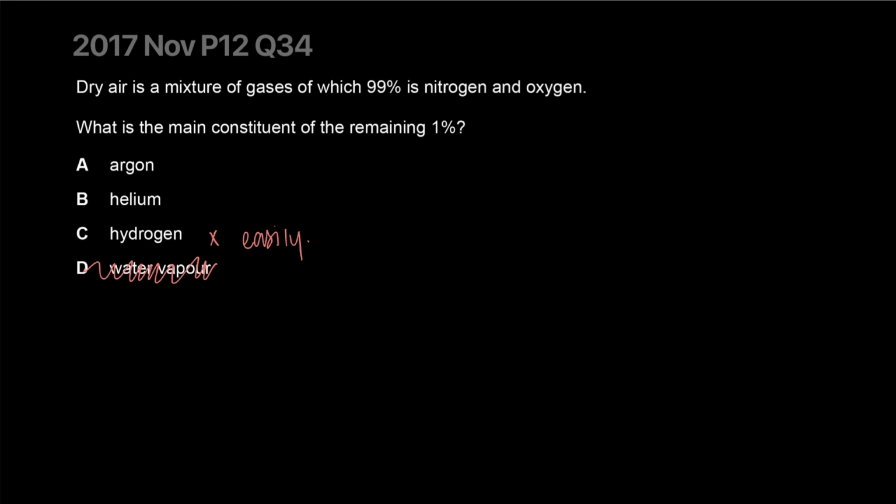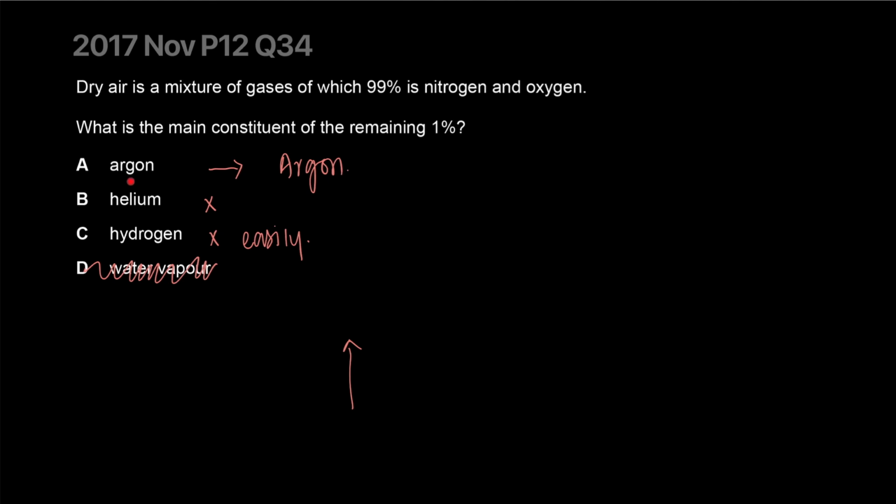Helium is inert, but have you ever heard of helium in the atmosphere? If it was there, it would have gone straight to the top of the atmosphere and not be mixed, because it's so light, like balloons, right? They'll rise. So helium's out by sheer logic, and argon is that 1%.